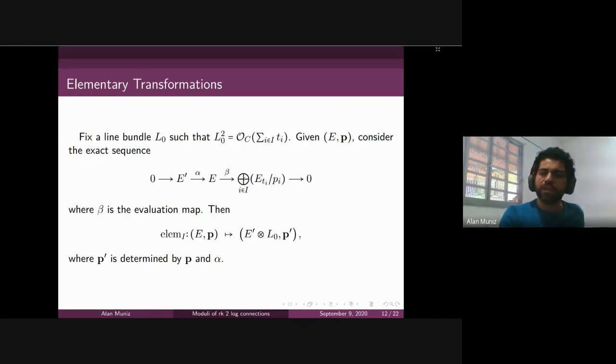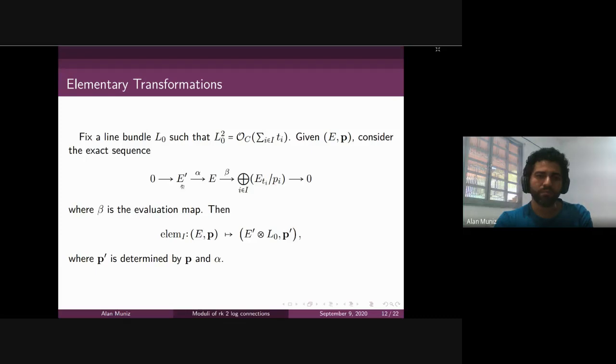The kernel of this map is a locally free sheaf, consequently a vector bundle as well. Note that this map here is a map of locally free sheaves, but not of vector bundles.